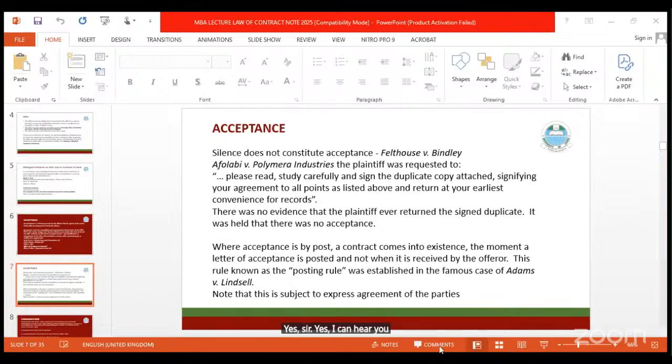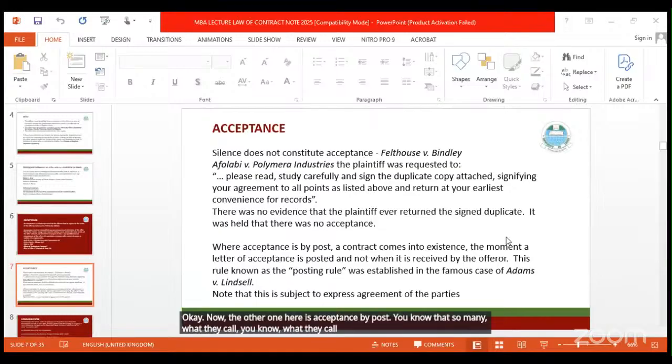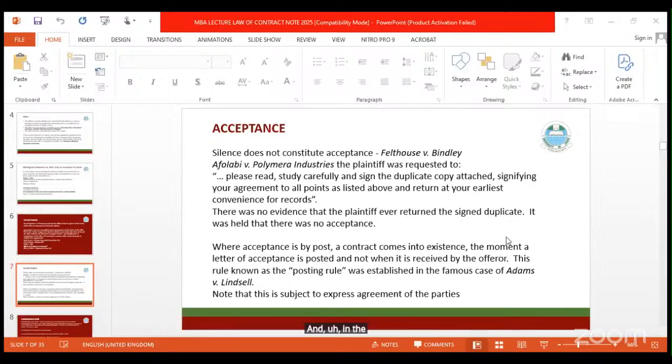Thank you. Okay. Now, the other one here is acceptance by post. There are so many modes of acceptance. There are some where the offer will state the mode by which it should be accepted.